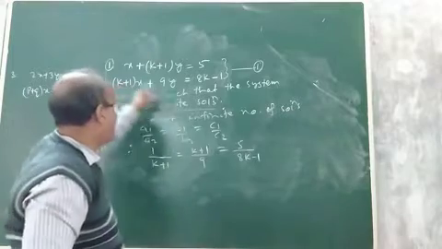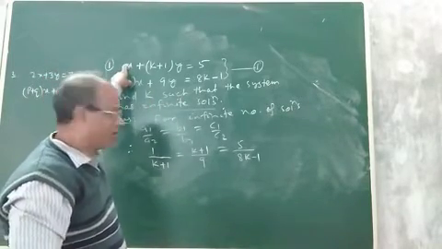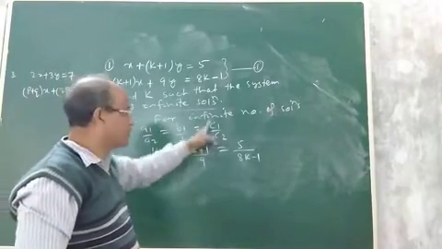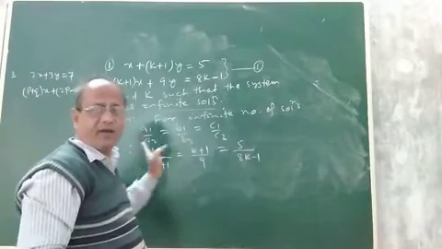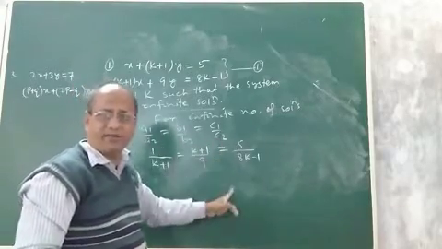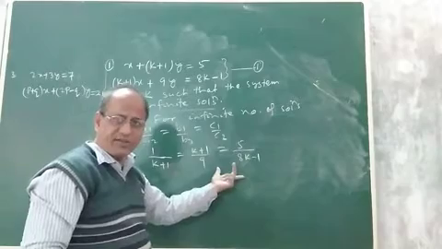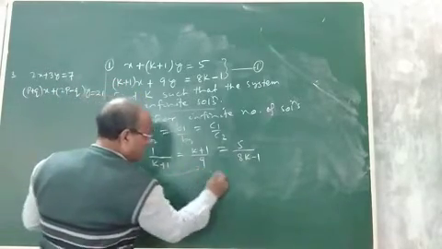As the given system has an infinite number of solutions, no doubt a1 by a2 will be equal to b1 by b2 equal to c1 by c2. Now you substitute the values of a1, a2, b1, b2 and c1, c2, and you will get this expression. It means this equal to this, and this equal to this.